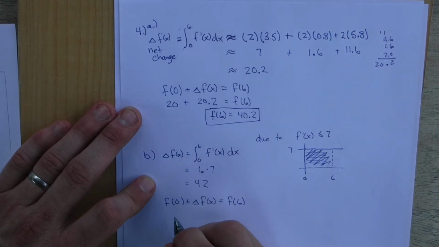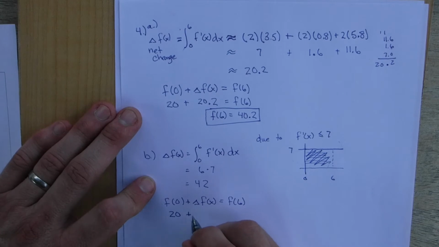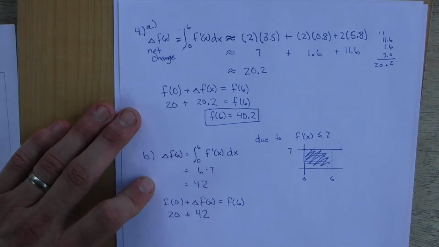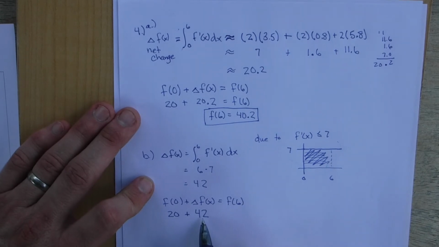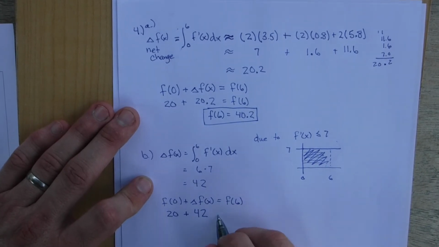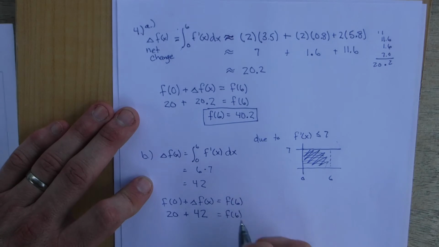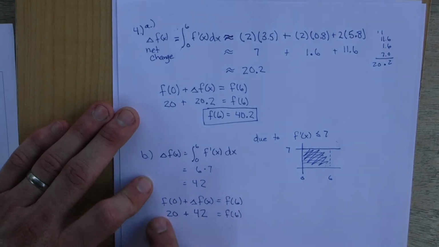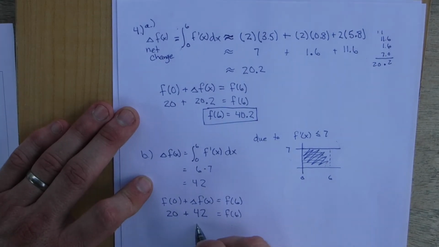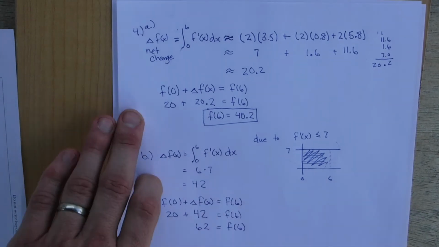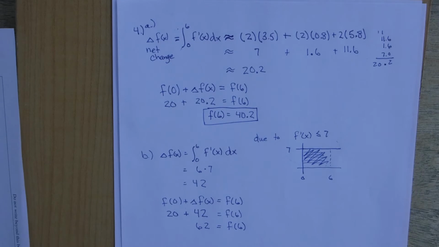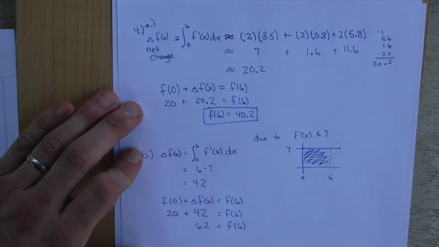The biggest this can absolutely be is 42. So is it 42? No, it's probably something smaller than that. But let's just see how big it can potentially be. The biggest this could potentially be is 62. So f of 6 is absolutely less than 70.